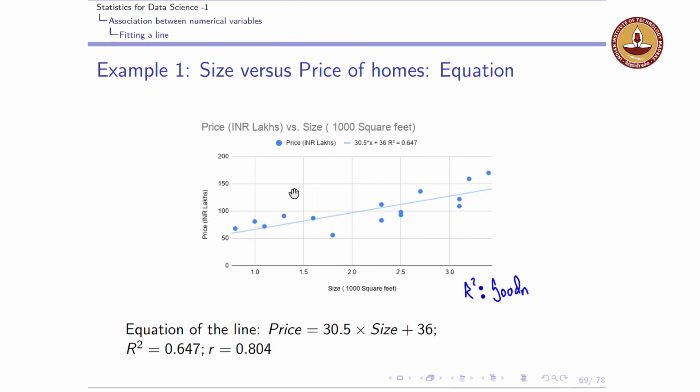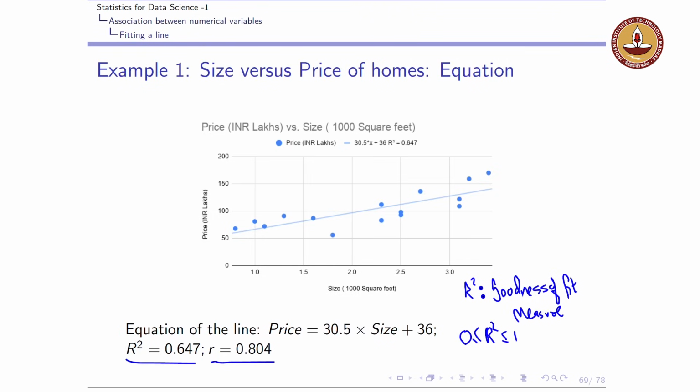It takes values between 0 and 1. The closer it is to 1, the better the fit. The closer it is to 0, the poorer the fit for my data.